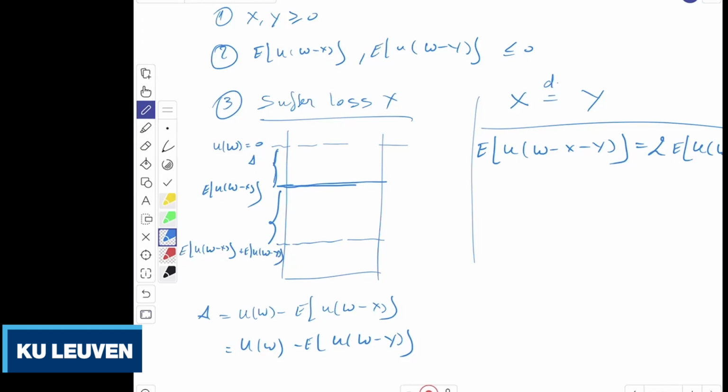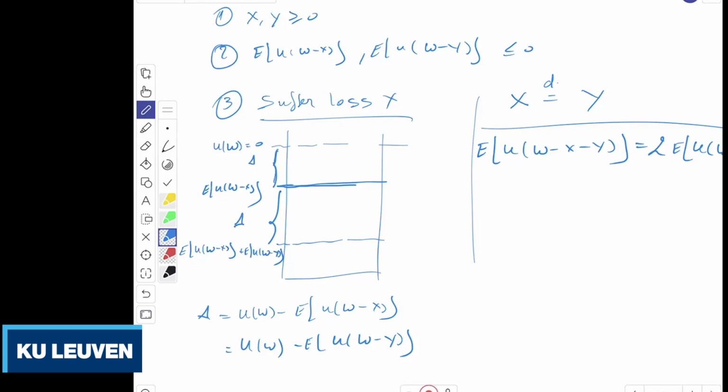So I'm going from no loss to a loss X, first drop in utility, and then I suffer the loss X, I'm reaching that expected utility of X, and after I suffer the loss X, I add the loss Y. Then I have another drop, which, if they are equal in distribution, is again delta.